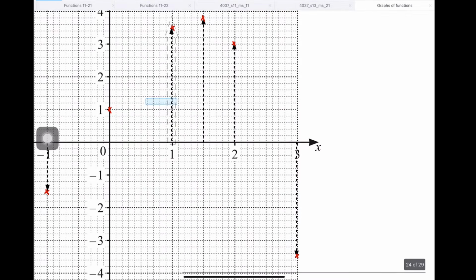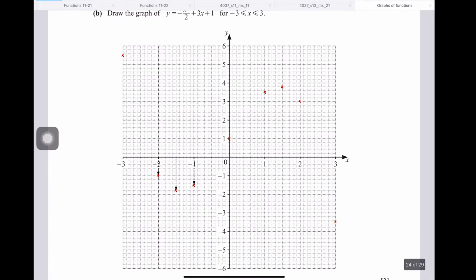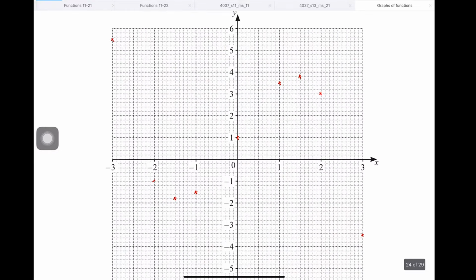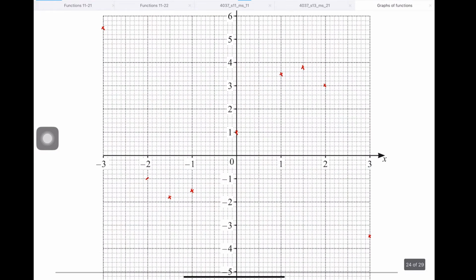Now I'm going to erase all these arrows. So let's look at all the points. I'll highlight them so you can see them clearly. You don't have to do that in the exam. I'm only doing this for you, so you can see clearly where exactly all the points are. Let's hover our pencil over all the points so we get an idea. Let's do that one more time.